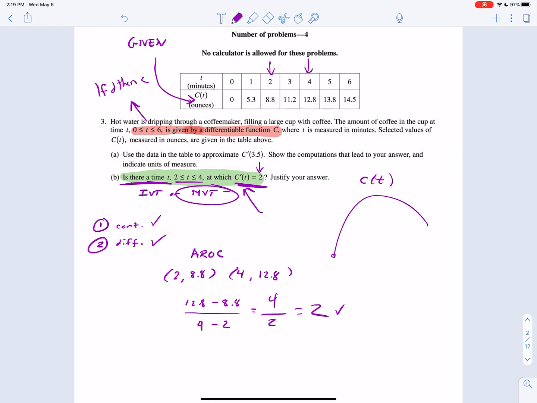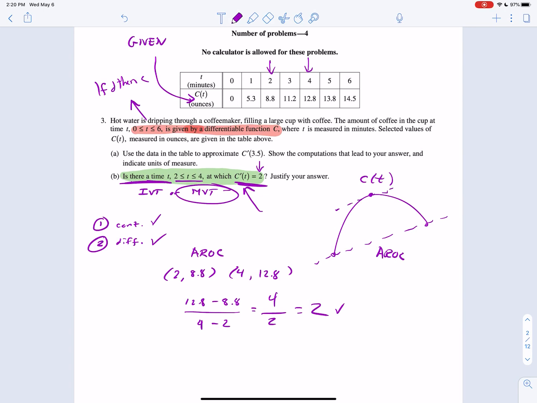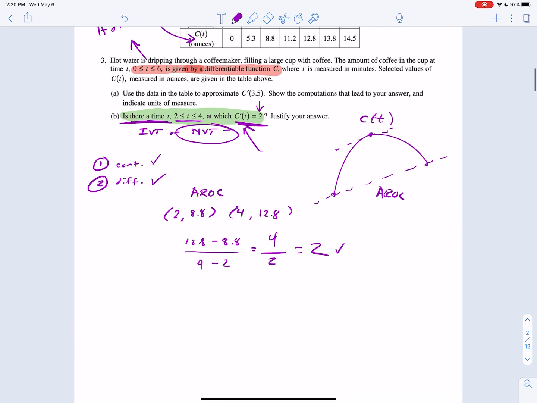What you guys found out here is, and you don't have to draw this one out, this is so that you understand it. That is your average rate of change. Okay? So that guarantees somewhere in between 2 and 4 where that tangent will have a slope of 2 as well. Okay? That's just to get you to understand it.